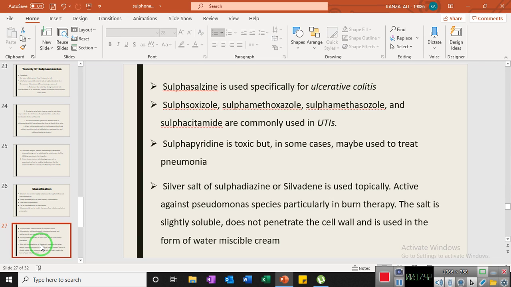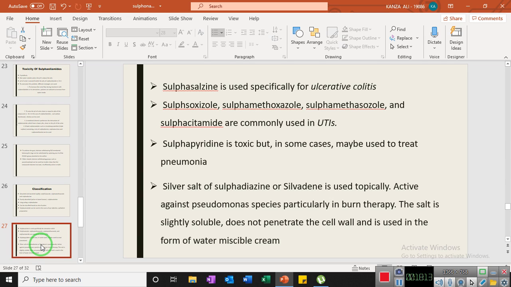Another compound is sulfapyridine. The compound is too toxic, but in some cases it's used to treat a pneumonia patient.